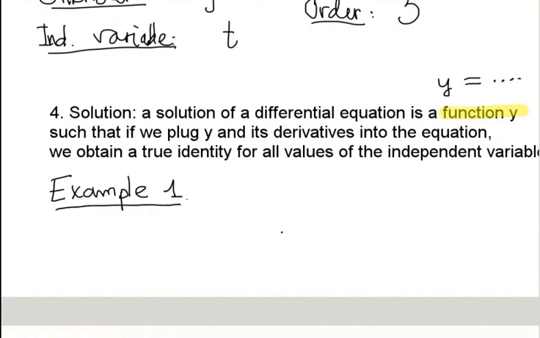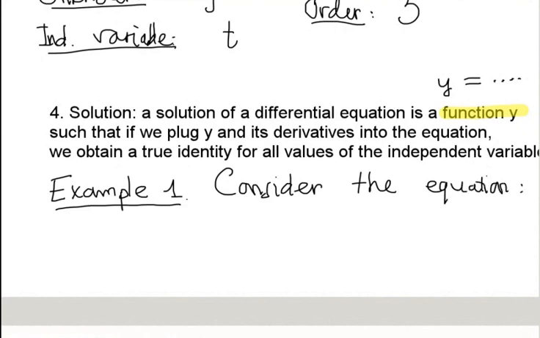For example, let us consider the following equation: x times y prime minus y equals x squared. Again, this is a differential equation because we have an equation together with the derivative here.